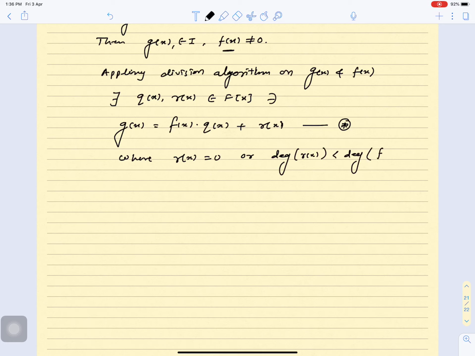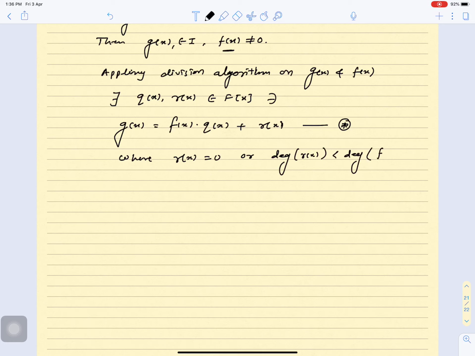Suppose I is an ideal of, say, F[x], F is a field, and let I be not equal to {0} and not equal to F[x]. Then what is I?